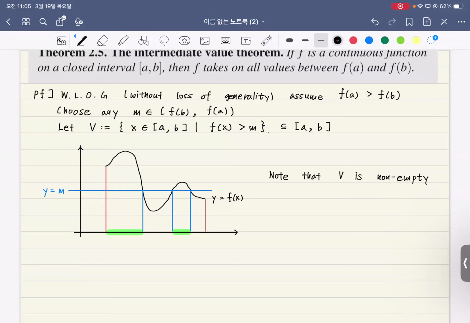Why? Because m is a number between f(a) and f(b), so this point a should always be included in this set V, no matter what. So this is a non-empty set for sure.